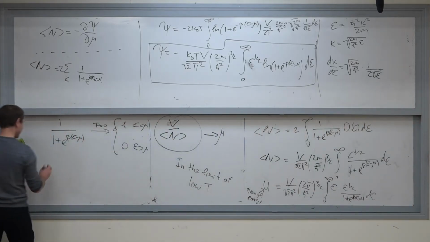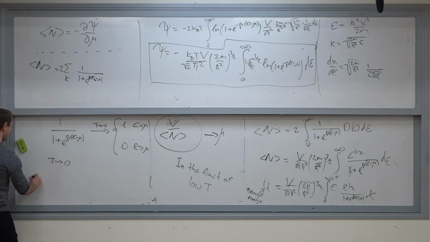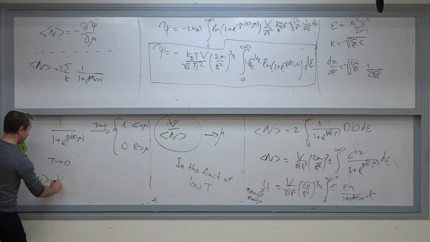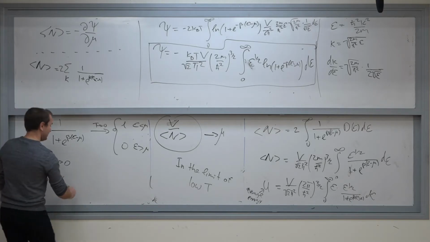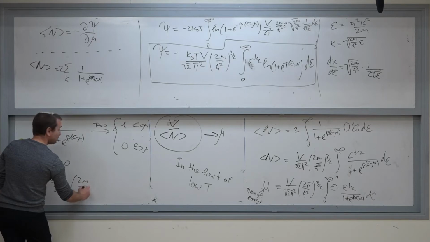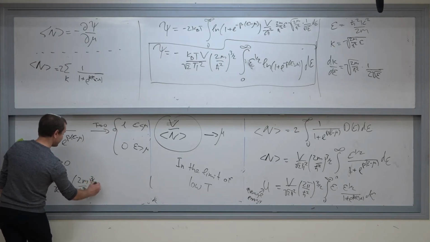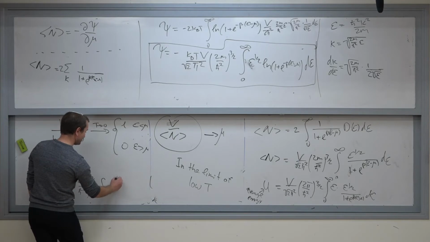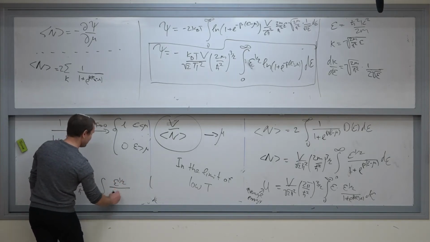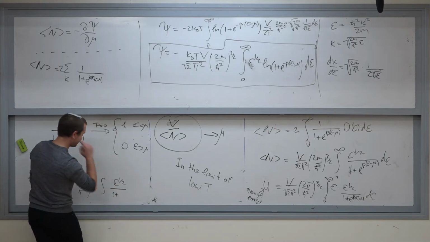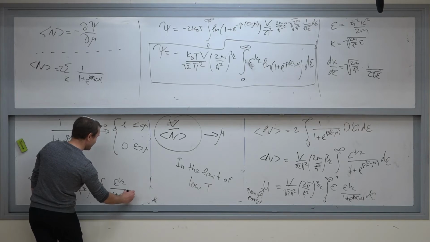What we see is that if T goes to 0, n equals V divided by 2 pi squared, times (2m divided by h bar squared) to the power of 3/2, times the integral of epsilon to the 1/2 divided by 1 plus e to the power beta (epsilon minus mu) d epsilon, from 0 to infinity.